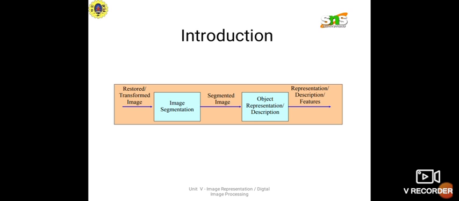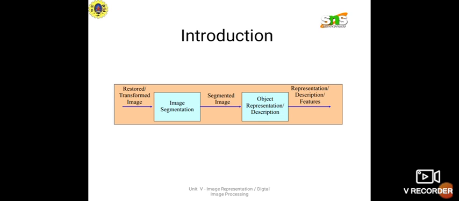So we represent the object or the region which is segmented from the image. The representations are of different types, based on the boundary, that is, external characteristics, or based on the internal characteristics.